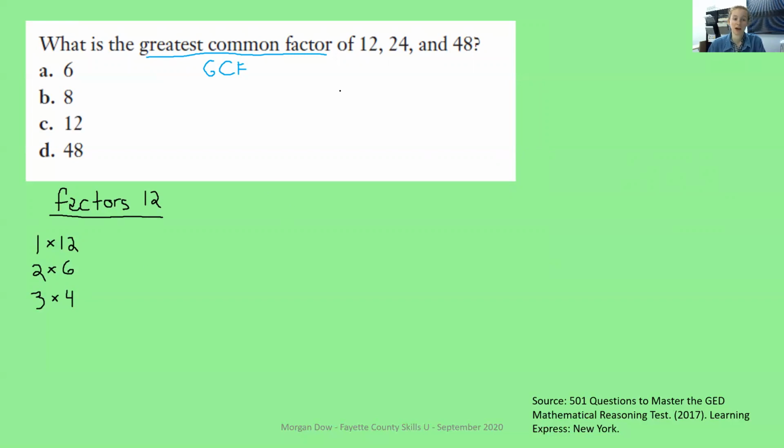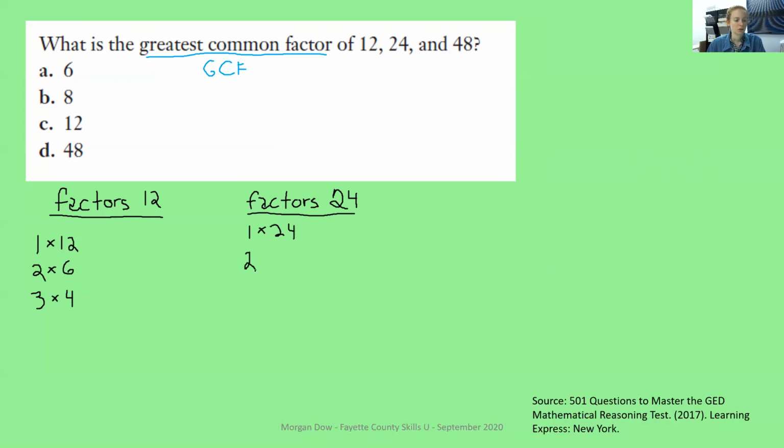Now let's try factors of 24. I'm going to go through the same process. So starting with 1, 1 times 24.